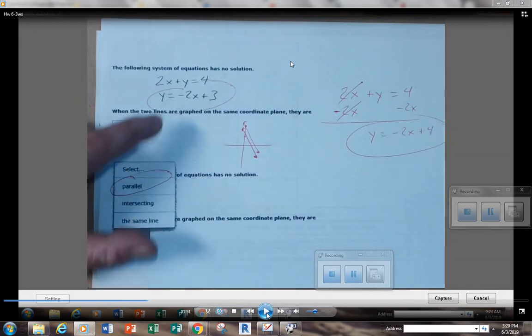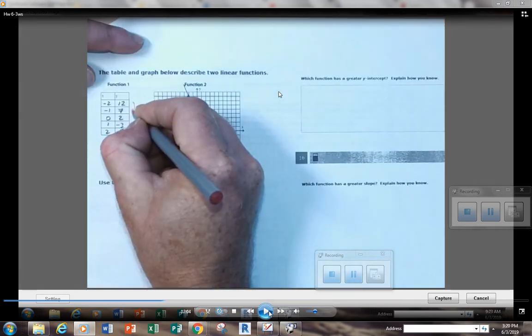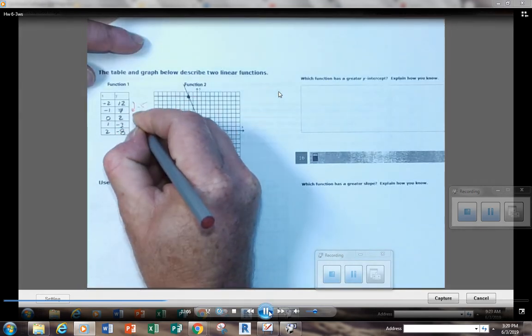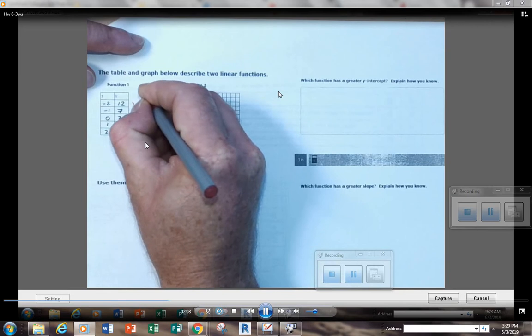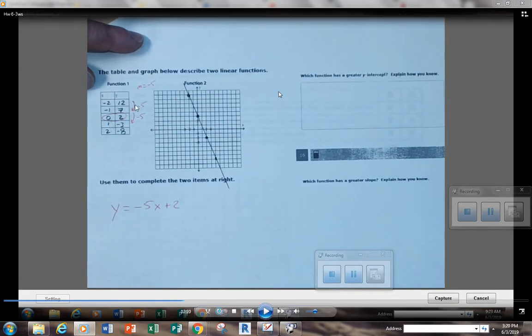Alright, next 2. These ones have you write equations and then use them to answer the questions. For a table, you get the equation by finding the slope, which is the rate of change in these numbers, and compare that with the y-intercept number, the 0 term. So my equation: negative 5x, the negative 5 number going down by 5, and then the 0, 2 number, the y-intercept.